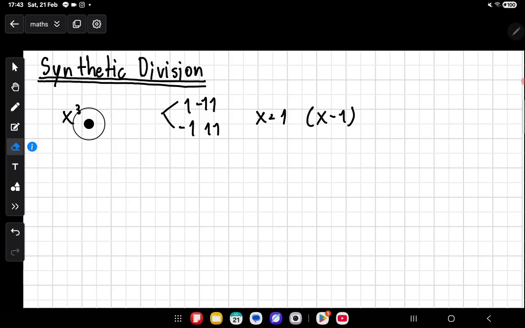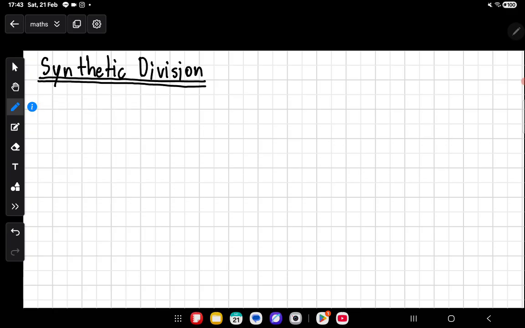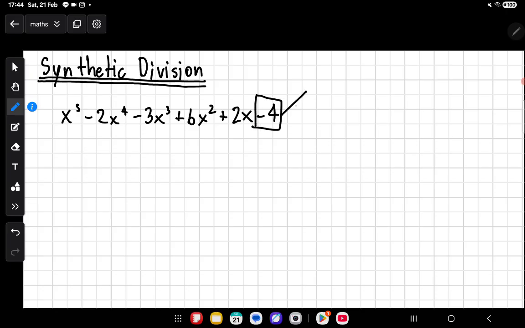Now, actually, let's do one more example. This one being x to the power 5 minus 2x to the power 4 minus 3x to the power 3 plus 6x squared plus 2x and minus 4. Now, start with the negative 4. This can be 2, negative 2.